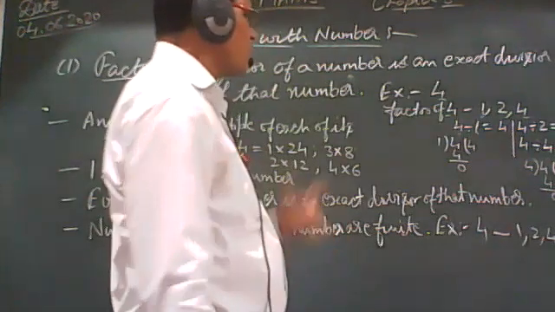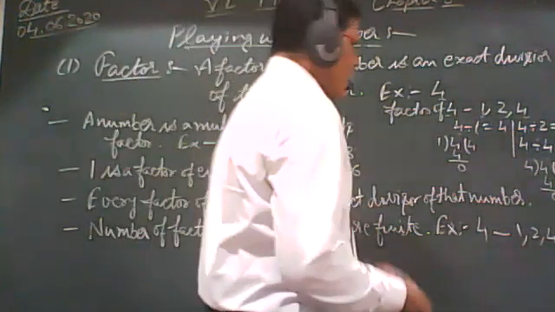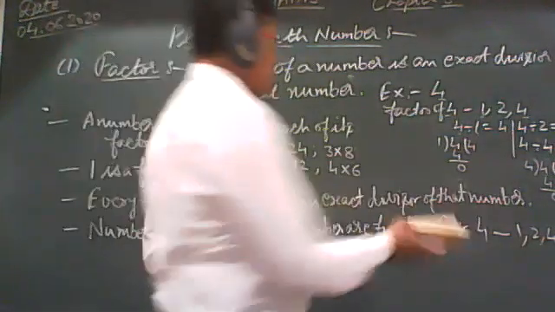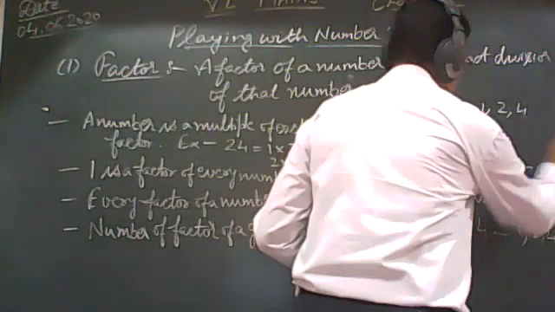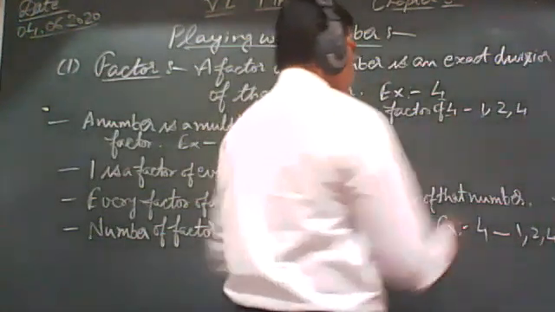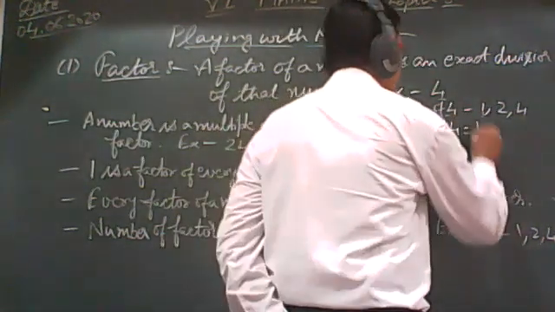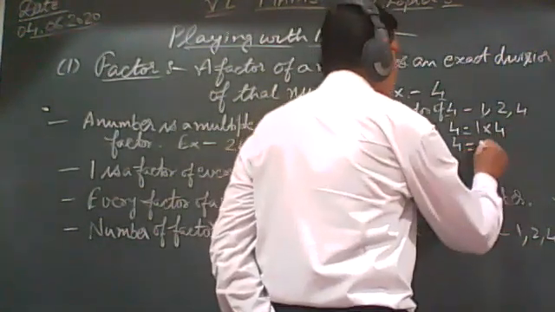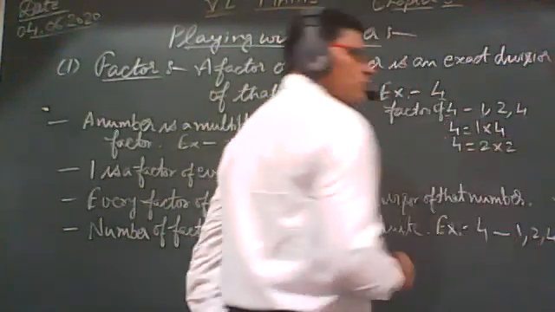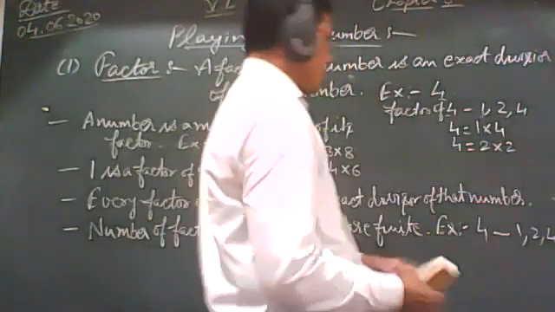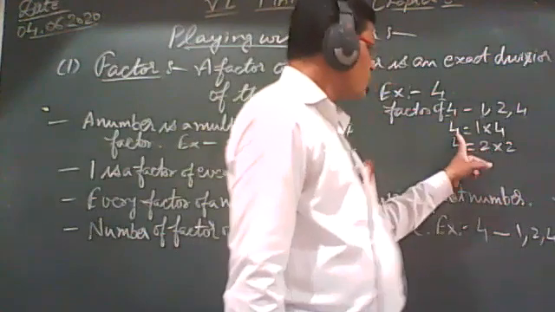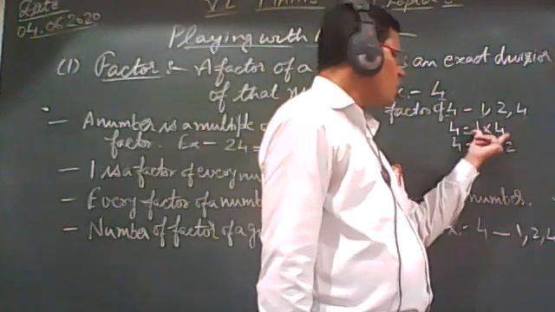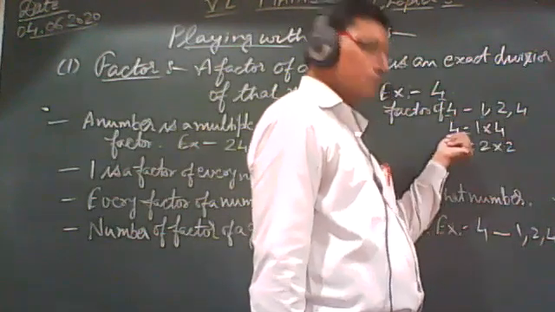Similarly, we can also write it in the multiple form: 4 equals 1 into 4, 4 equals 2 into 2. That means if you write the number in the multiple form, then we also say they are the factors of 4.